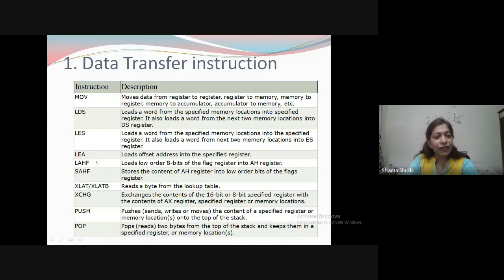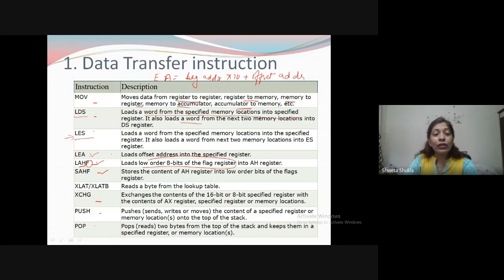Similarly, LAHF and SAHF will work. LAHF means you have to load the lower order 8 bits of the flag register. Here F means flag register, and AH is the 8-bit register of the 16-bit AX register.